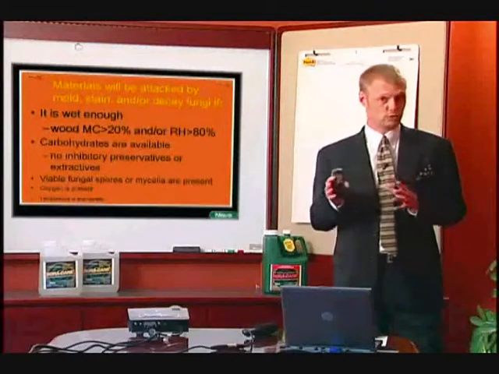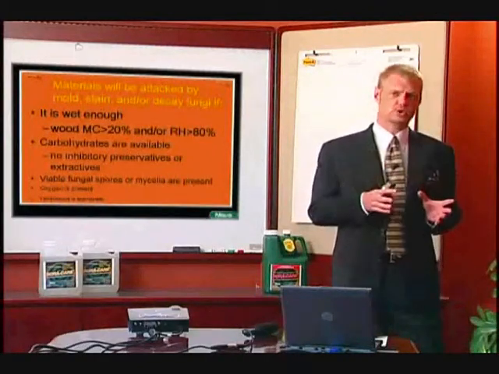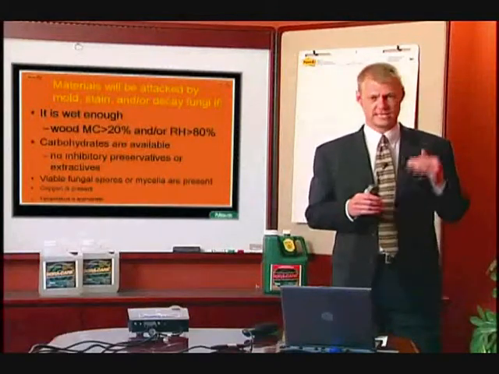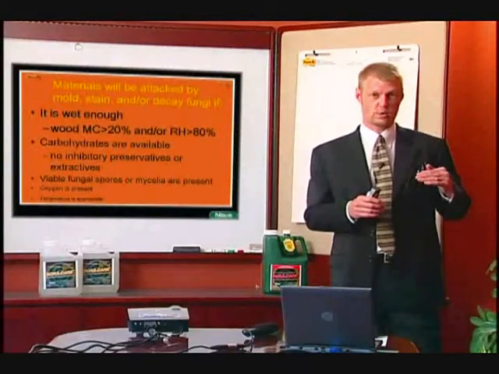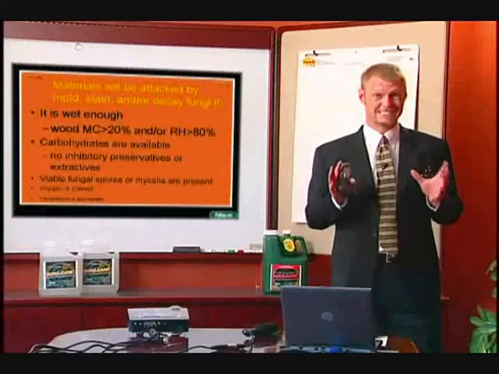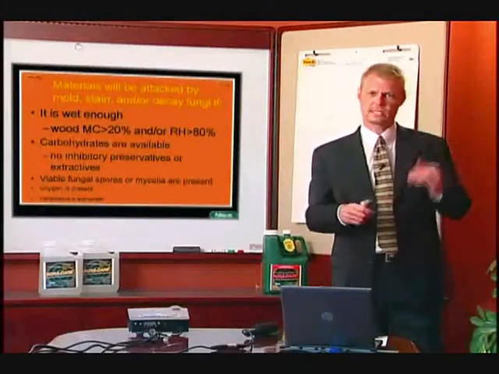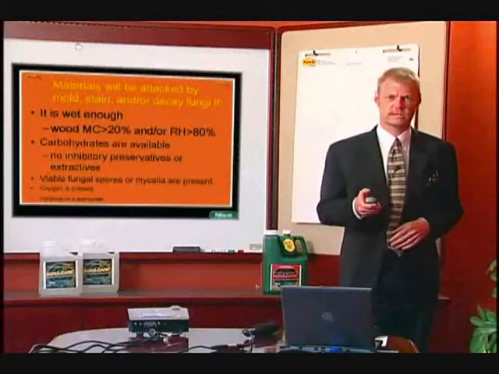And when we buy kiln-dried lumber to build new homes, by definition, that has to be kiln-dried down to 19% moisture content or lower. So we know it's completely safe from fungal infestation at the time of purchase when it's kiln-dried to 19% moisture content.